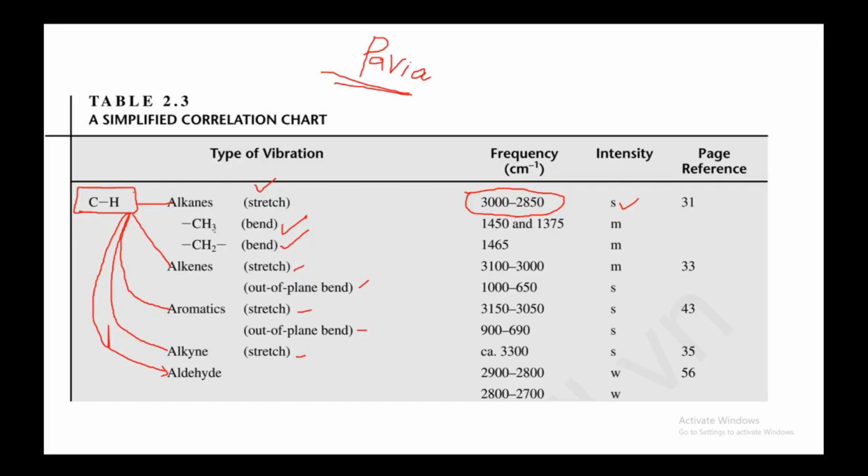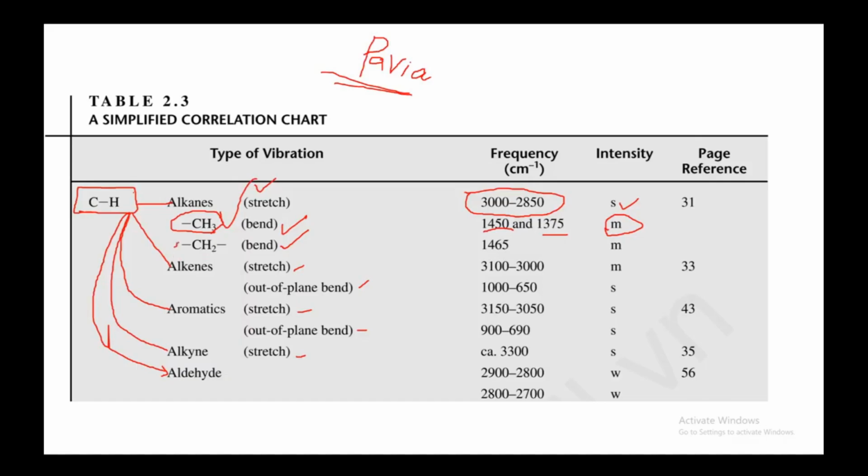How will you characterize a CH3 group in IR spectroscopy? The peak for a CH3 group appears at 1450 and 1375. So if you see a peak at 1450 or 1375 and the intensity is medium, that could be because of a methyl group.